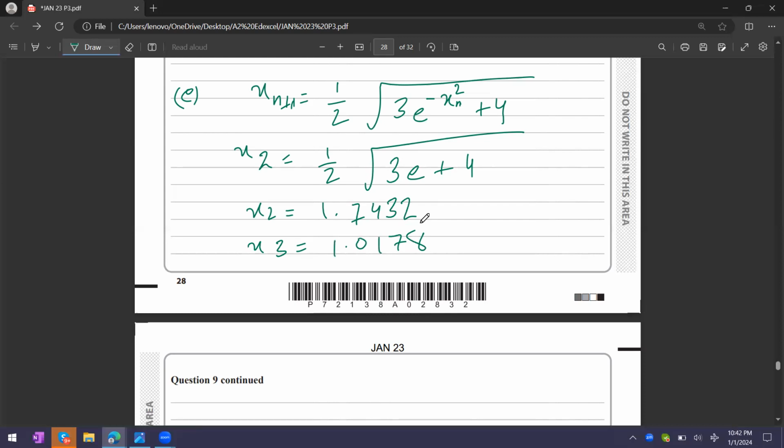All right. Marking scheme says 1.0997. It's a little different. One more time, let me check then.